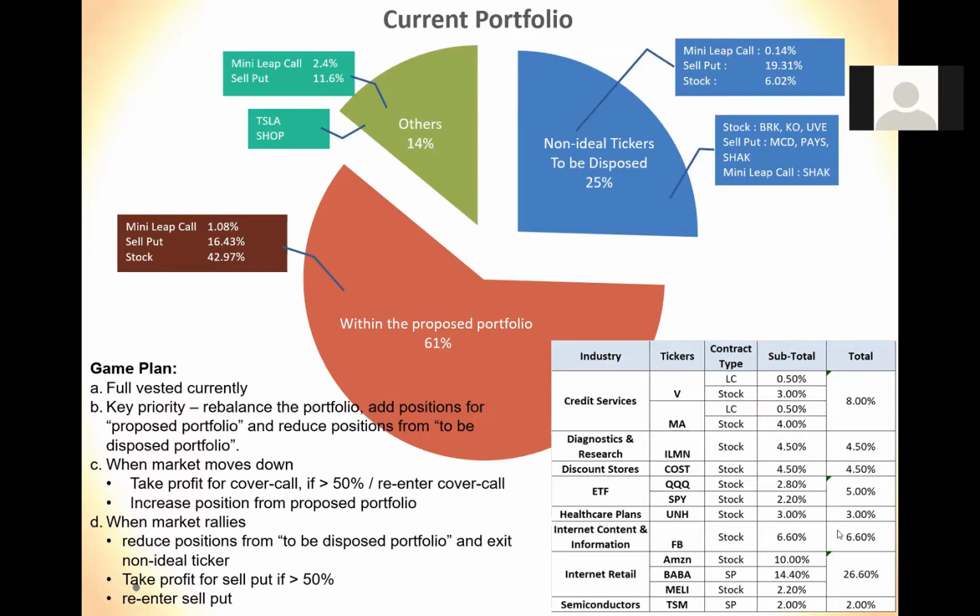The main one will be mainly buying stock and holding, and then in better times, when the market starts to rally, which I'm waiting for, I will consider putting in LEAP calls. And for some of the tickers, if I want to own shares at a lower price, I will also do sell puts.